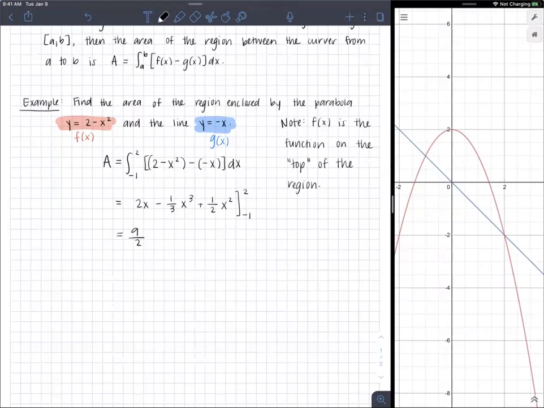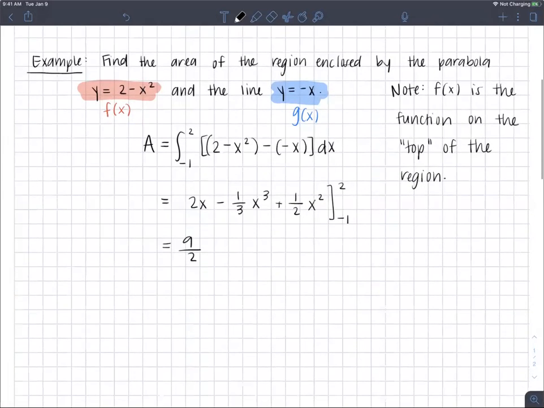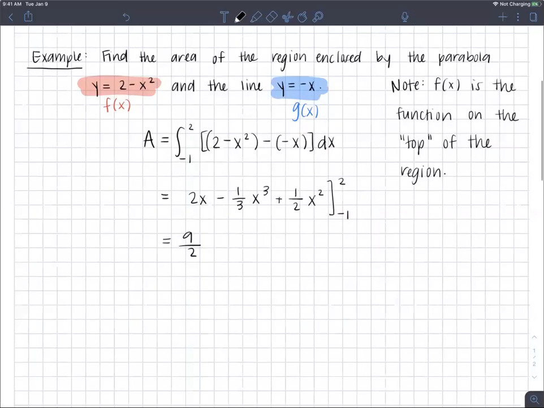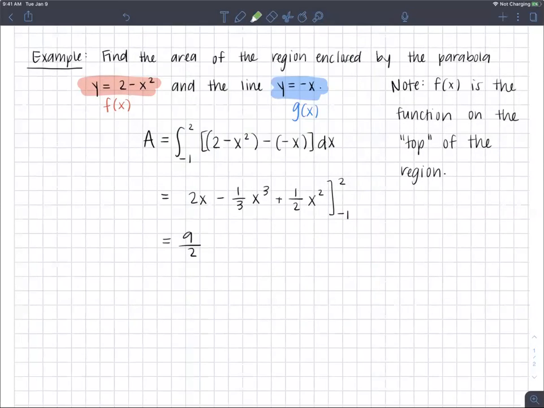So real quick, let's say that I didn't have the graphs, or I wasn't able to graph it for whatever reason, or let's say I ask you just what the limits are. The way you would find these limits is by finding the points of intersection, or by looking at where the two functions you're given are equal to each other.